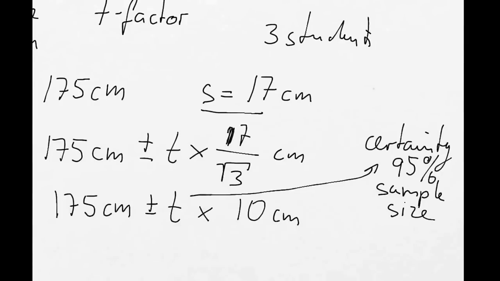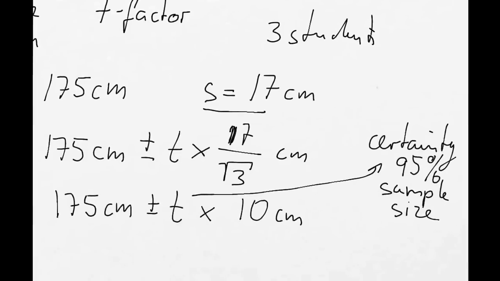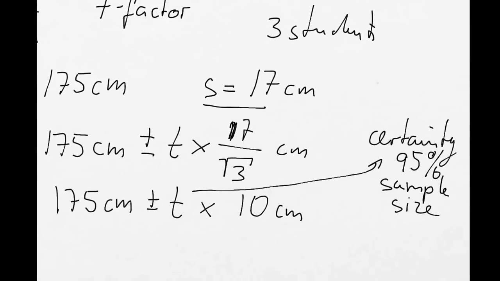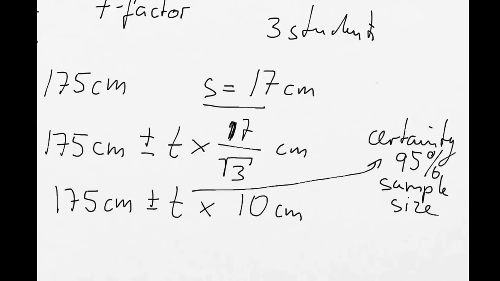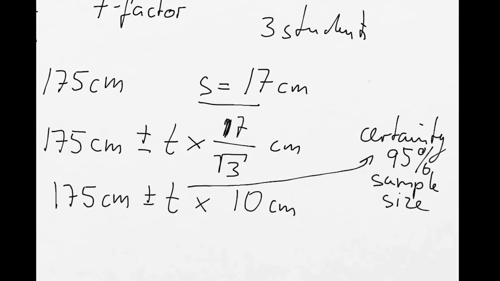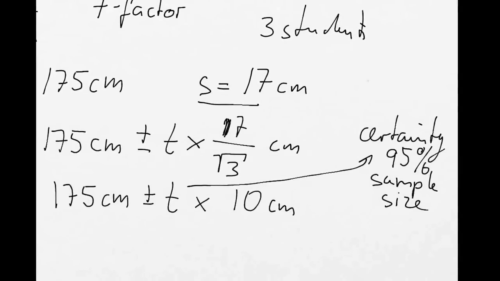And in the case of 3, if we have a sample size of 3, and if we want to be 95% sure about what we are doing, then this t, and I don't expect you to remember that. You're not supposed to learn t-values by heart, so don't worry about that.